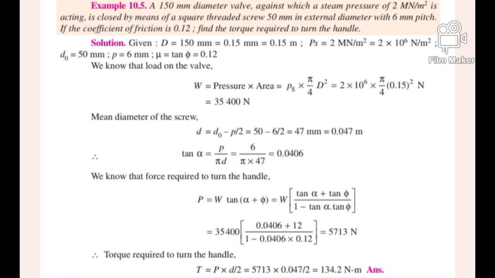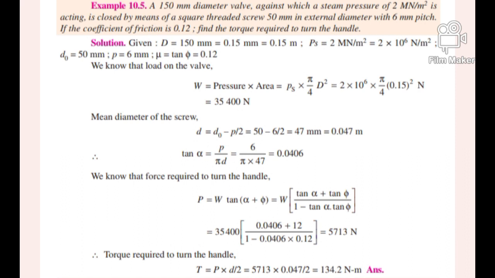The given data are the diameter of the valve, which is equal to 150 mm, the pressure is equal to 2 meganewton per meter square, the external diameter of the thread is 50 mm, the pitch of the thread is 6 mm, and the coefficient of friction mu is equal to 0.12.